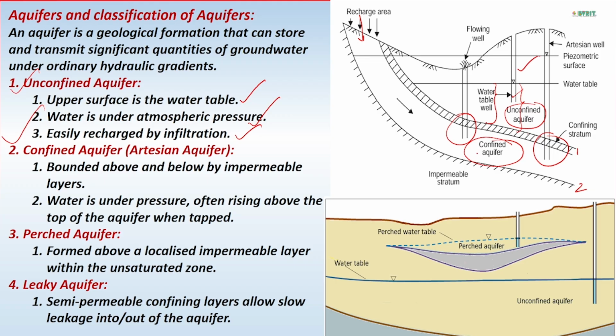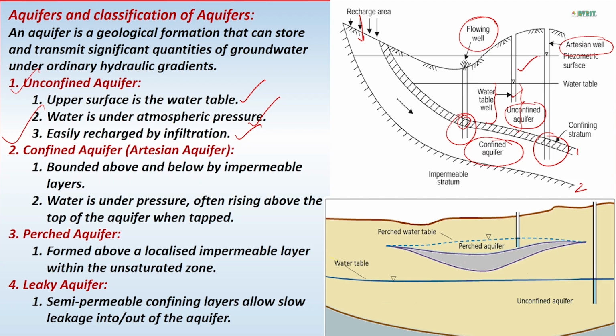Here we have shown two types of wells. In one well, the moment we dig into this impervious zone, water automatically flows out. This is what we call a flowing artesian well. Whereas here, water rises to some level above the water table, and that is just an artesian well.